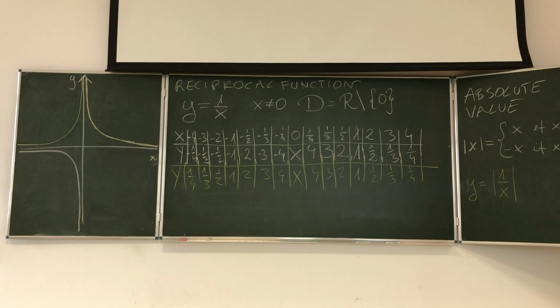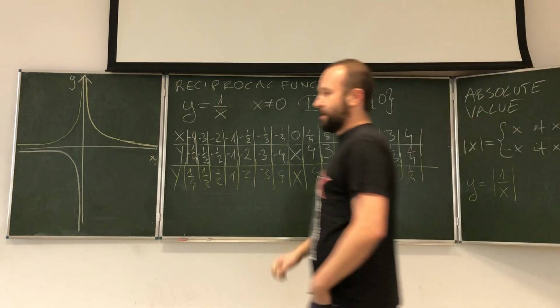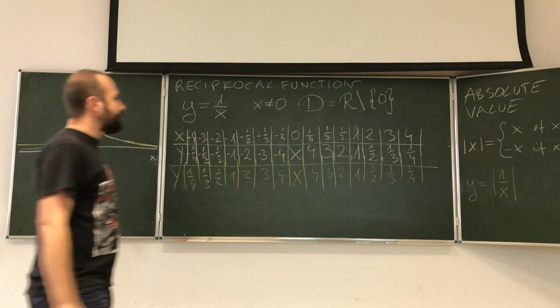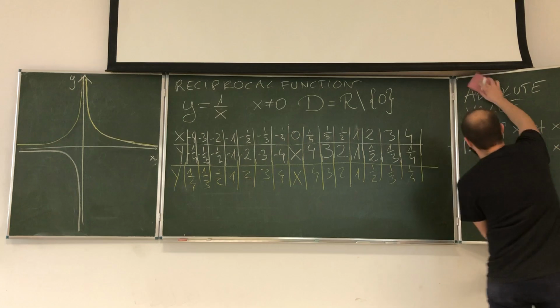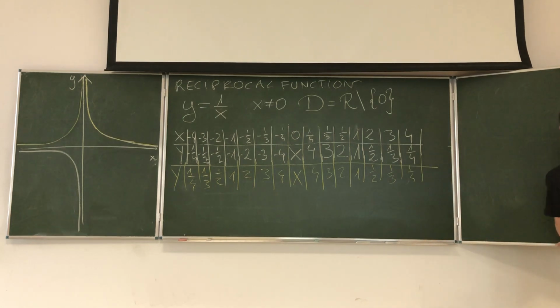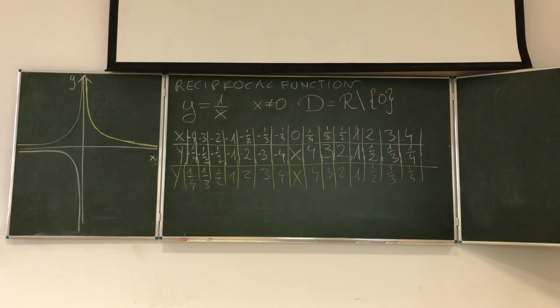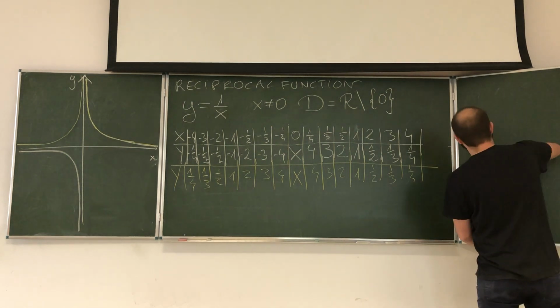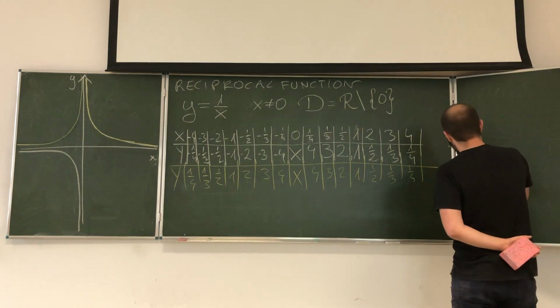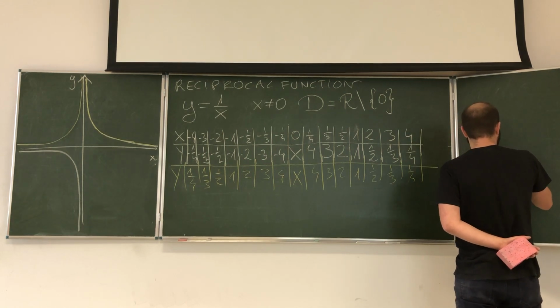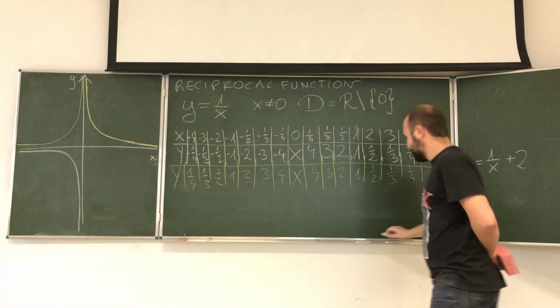Let's try something different. Okay, now let's see what is going to happen if I take the same reciprocal function and make just one tiny adjustment. What is this tiny adjustment? Well, now I will have a function y equals 1 over x plus 2.